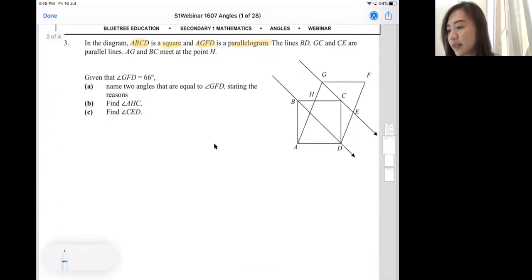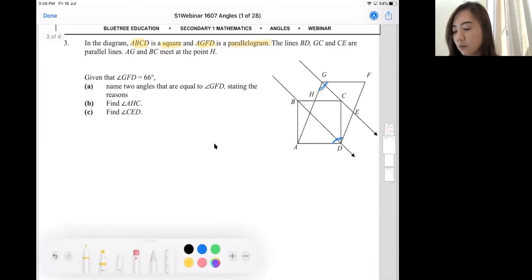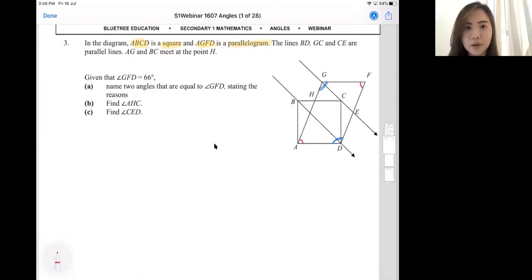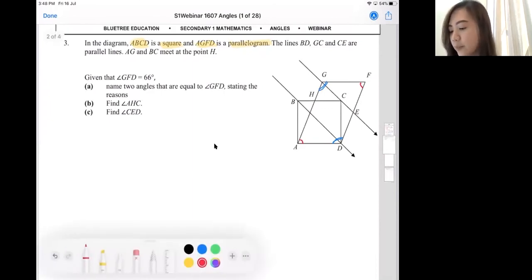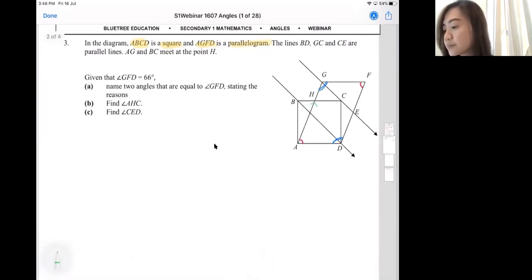So in other words, this is equal, this is equal. Another thing for a parallelogram, opposite sides are parallel, like this.